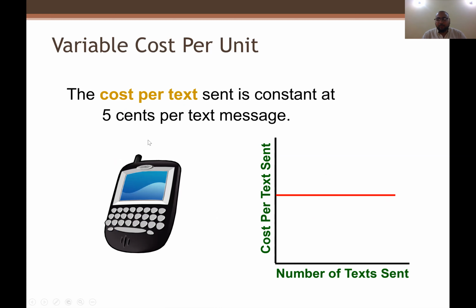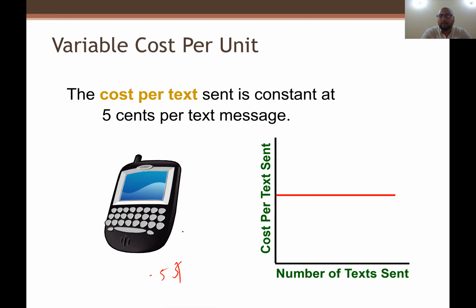So the behavior of variable cost in total is that when quantity increases, the total variable cost increases, but per unit, it remains the same. For example, every text costs you $0.5, right? $0.5, one text.